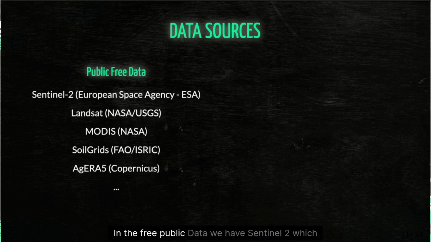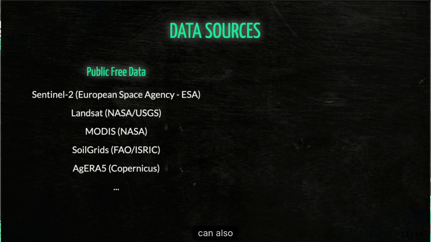In the free public data, we have Sentinel-2, a satellite that gives us remote sensing data. Landsat is also a satellite, made by NASA. MODIS data can also give us moderate resolution imaging that is excellent for climate and large-scale vegetation monitoring.